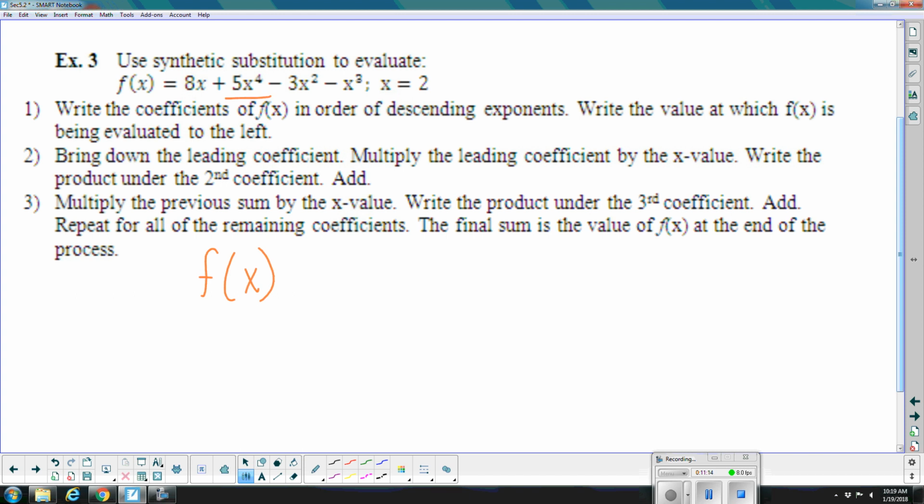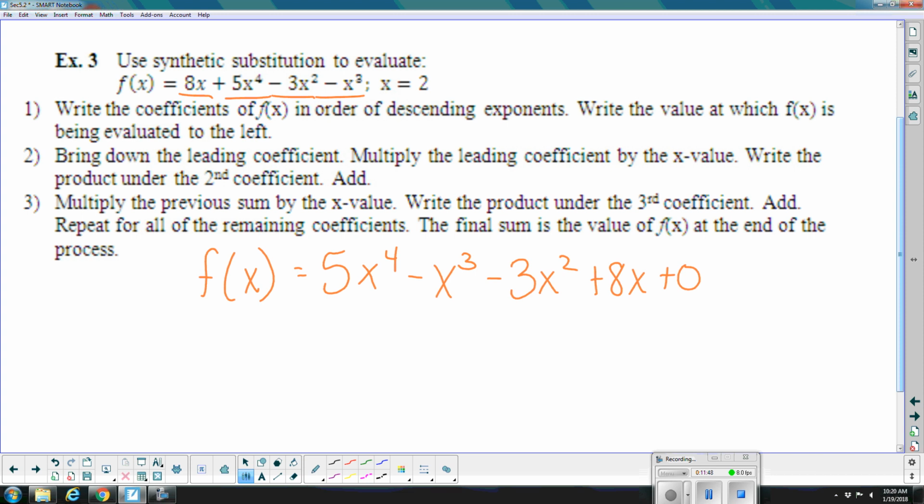So our leading coefficient and our degree are first. 5x to the 4th minus x cubed minus 3x squared plus 8x. And then we don't have a constant term, so I'm going to write it plus 0. And it's important to do that because of how we set up our substitution.